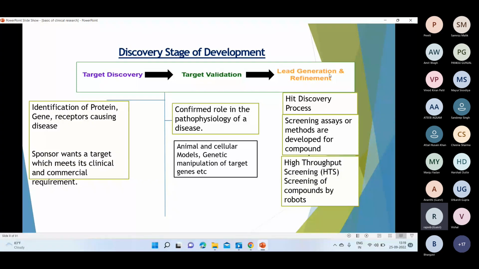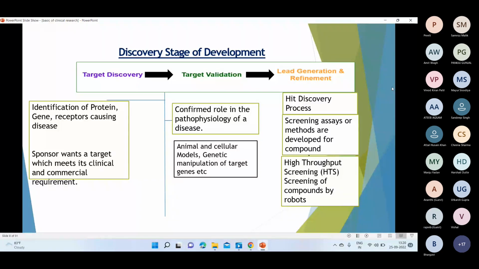When I say screen, whenever they develop molecules, they check whether adding a chloride group or a methyl group changes the characteristic of the molecule. They will design the molecule, check the molecular weight, and so on. They will refine the molecule and come up with one molecule which has good activity against the disease that we established in the target validation stage.